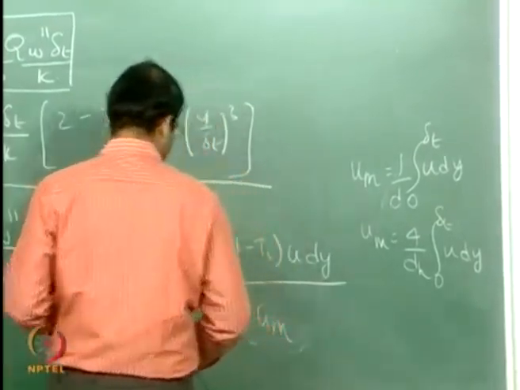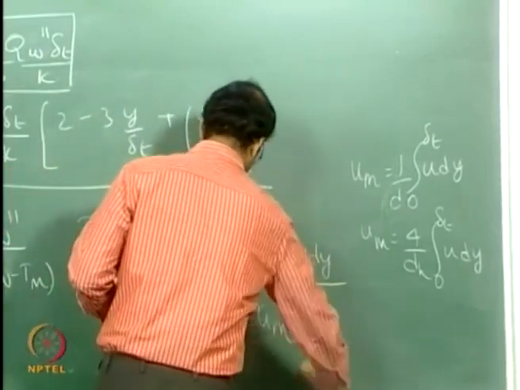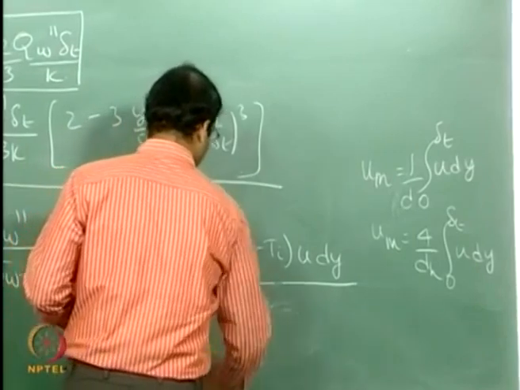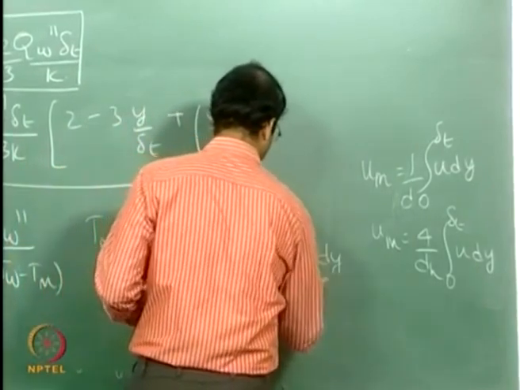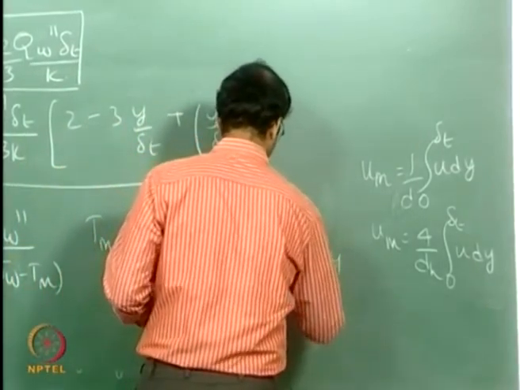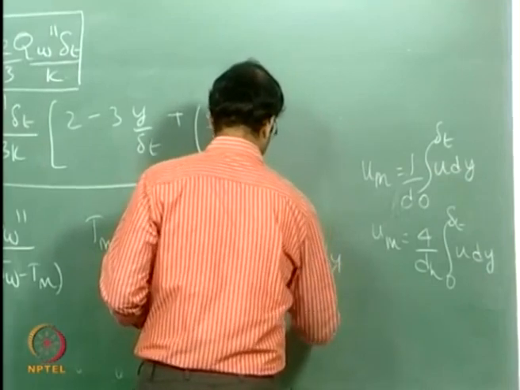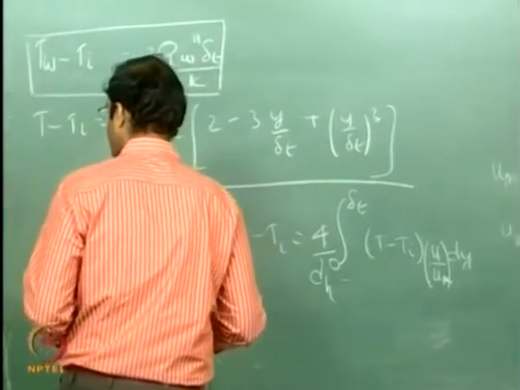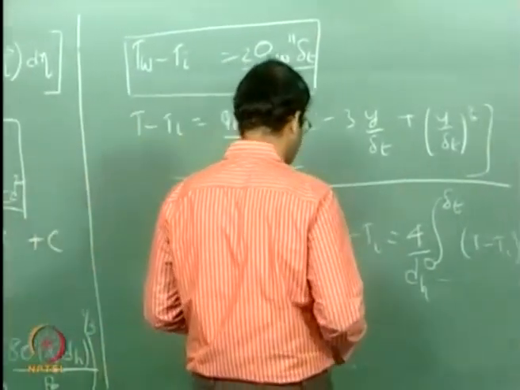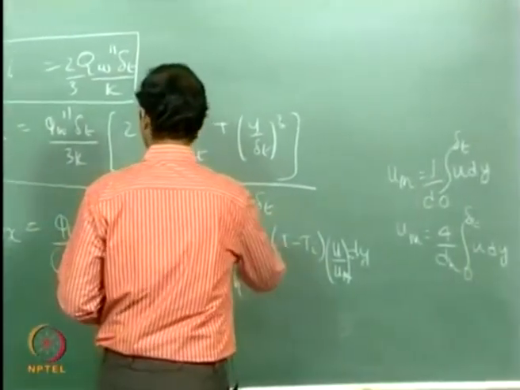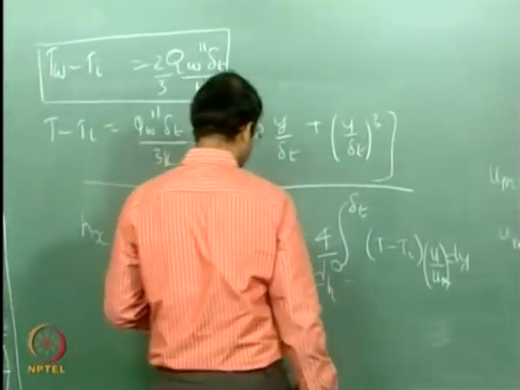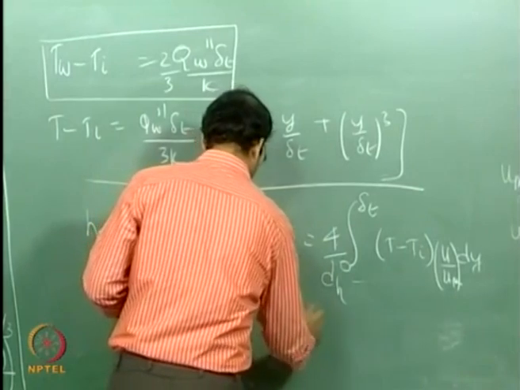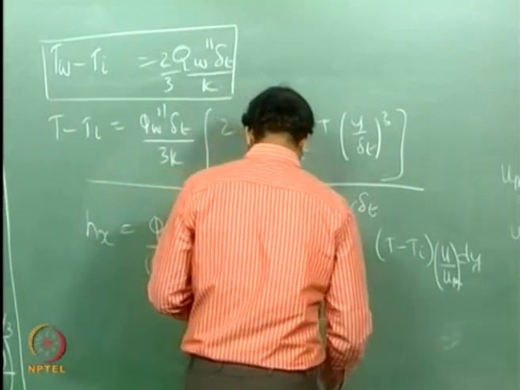So now you get an expression where you have 4 by dh and you have u by um here. So u by um I already have an expression, and I also have an expression for T minus Ti, so I can substitute both of them into this expression and get an expression for Tm minus Ti.